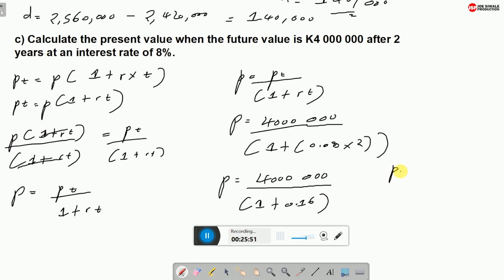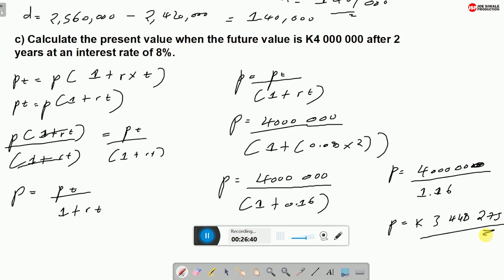So 4 million divided by 1 plus 0.16, which is 1.16. 4 million divided by 1.16 gives us 3,448,275.9. So that's going to be the present value of that investment.